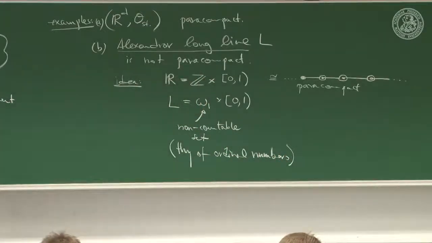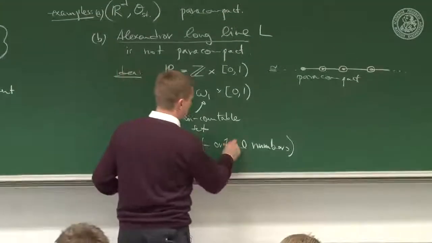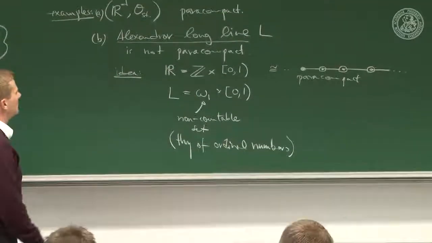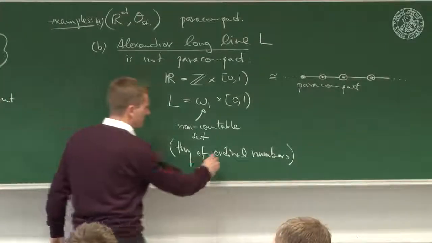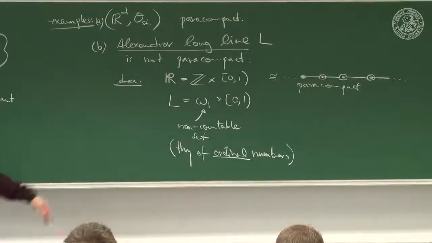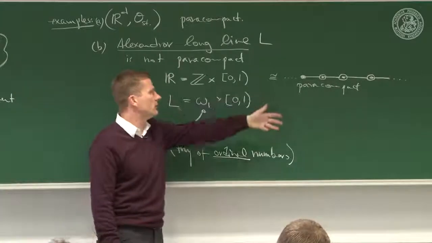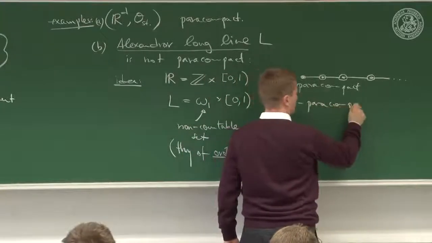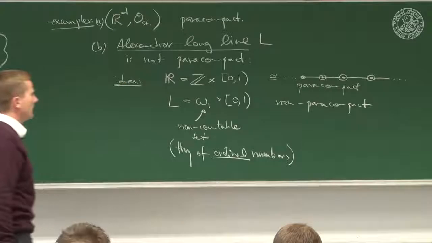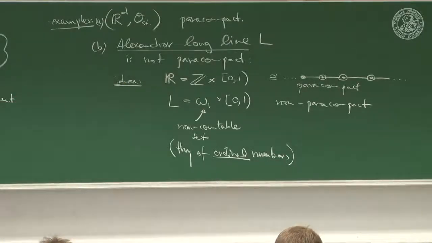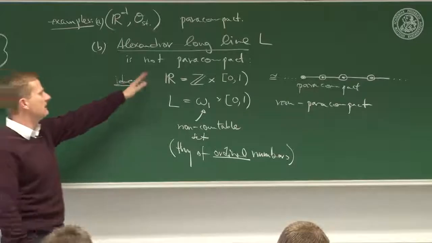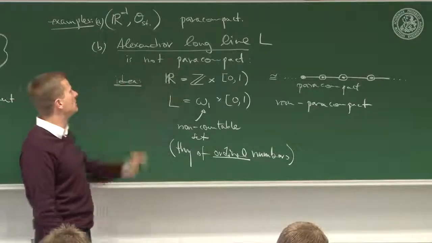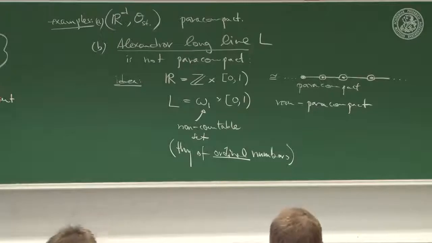That's the smallest such ordinal number that's not finite. Well, don't ask. If you want to read up on this, read up on this. The idea is take this non-countably often, and then you get a non-paracompact topological space. And of course, you induce the topology and so on. This is rather artificial, and the other examples that at least I know of are also rather artificial. So that's the intuition. Paracompactness is actually something rather natural.